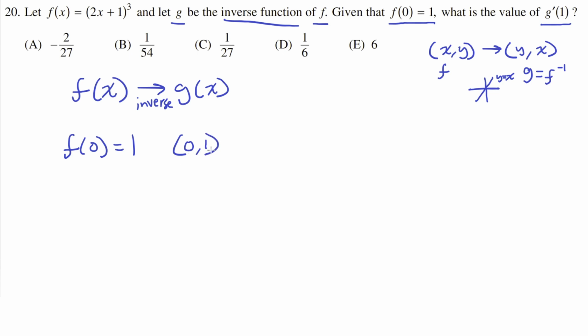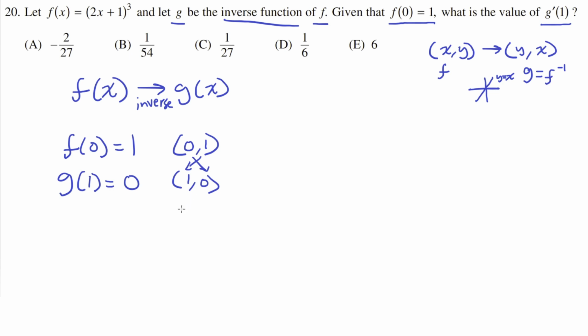When x is 0, f of x is 1, or y is 1. So that means on the graph of g of x, which is the inverse of f, when x equals 1, g of x equals 0, since they are inverses, their coordinates have been reversed. So in the graph of g of x, when x is 1, y, or g of x, is 0.